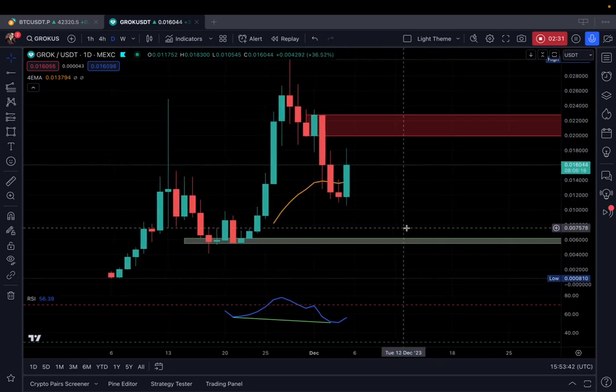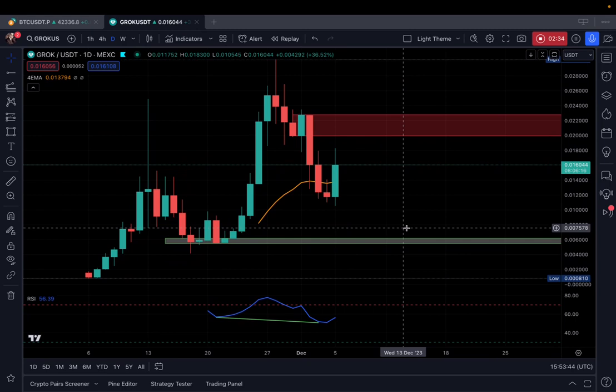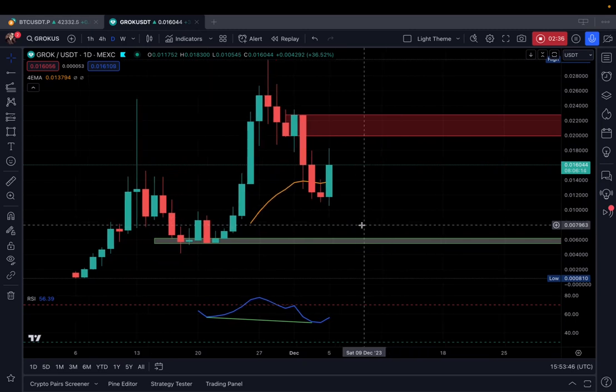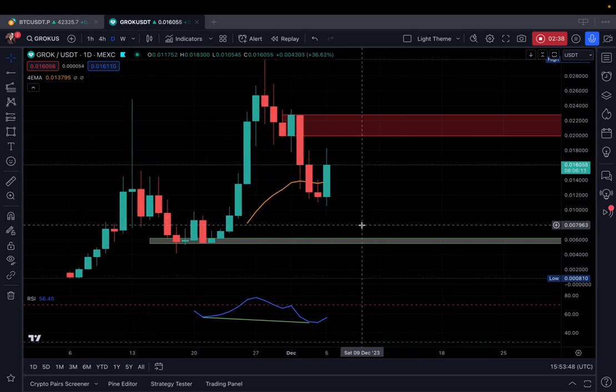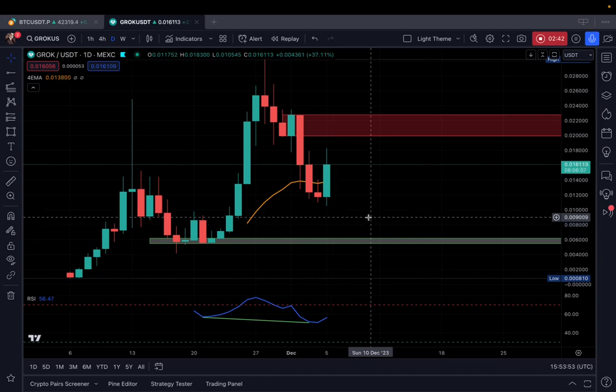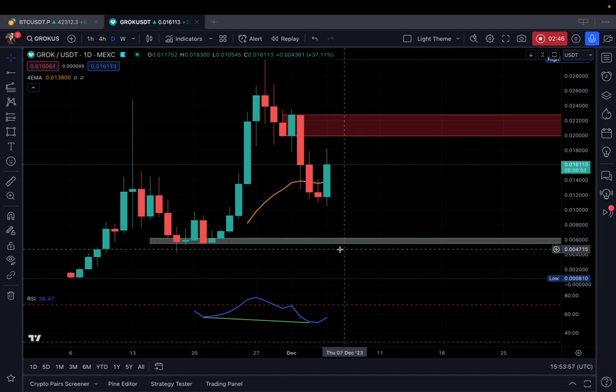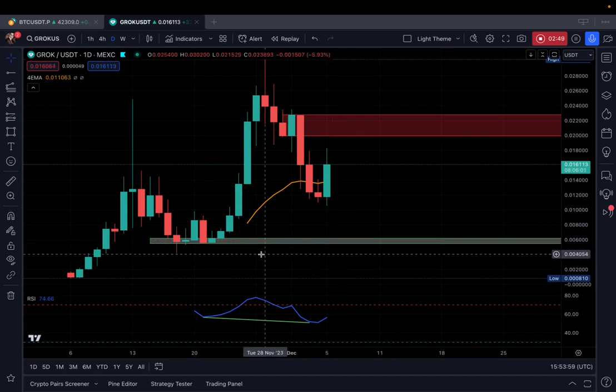Now let's look for support and resistance levels and supply and demand zones. By the way, if you don't know how to apply supply and demand zones, please write it in the comments and I will refer to that in a future video.